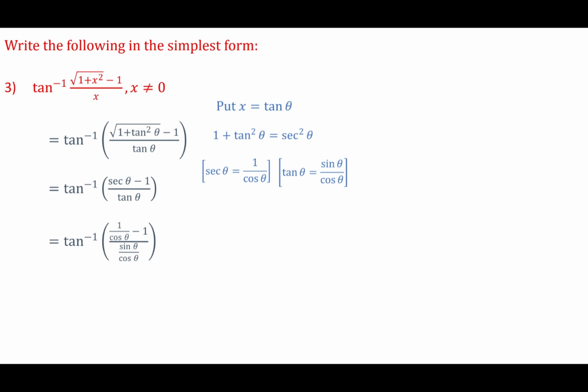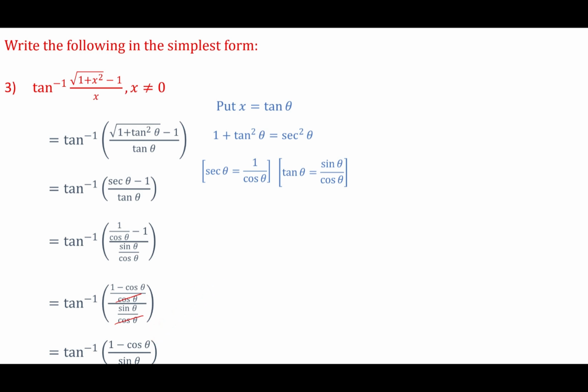In the numerator part, take the LCM as cosine theta. So 1 minus cosine theta over cosine theta. It will be like this. Here, you can cross out the denominators: cosine theta and cosine theta get cancelled. So tan inverse of 1 minus cos theta by sine theta.